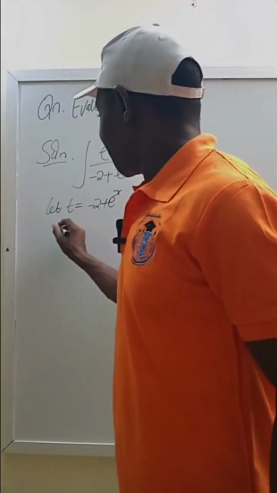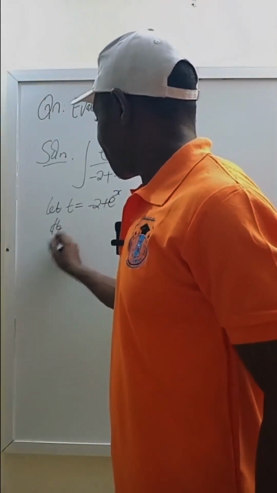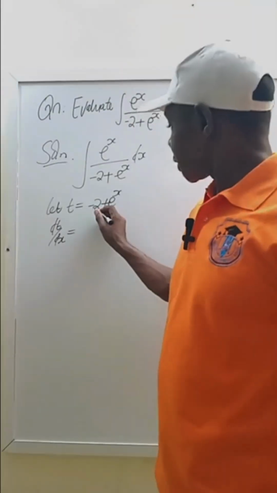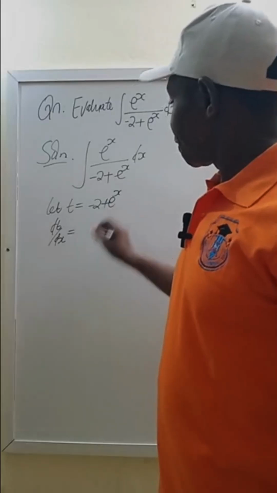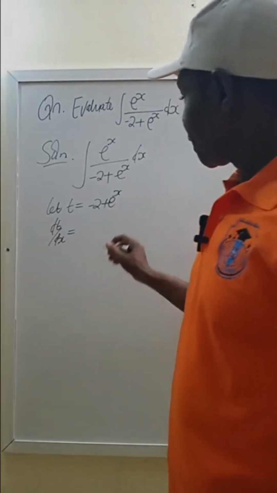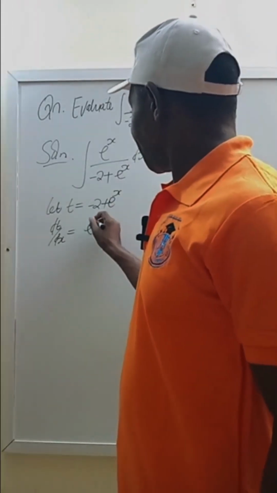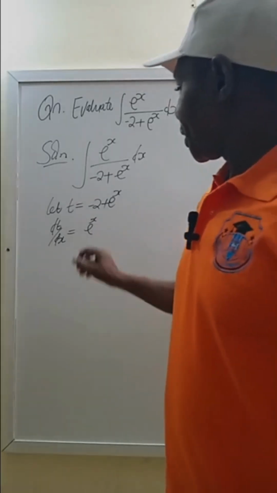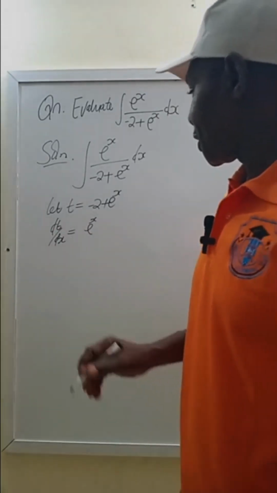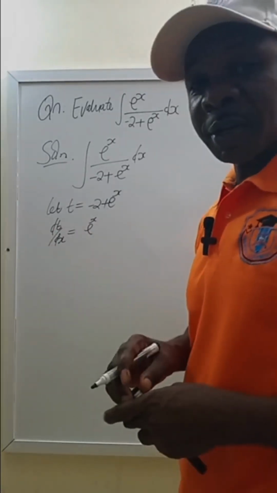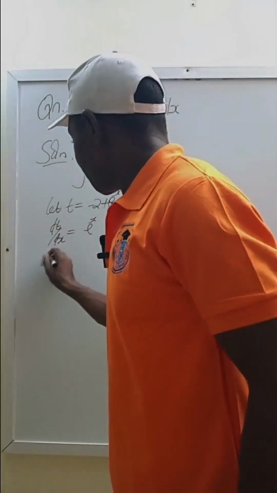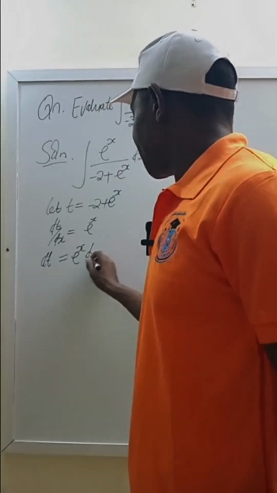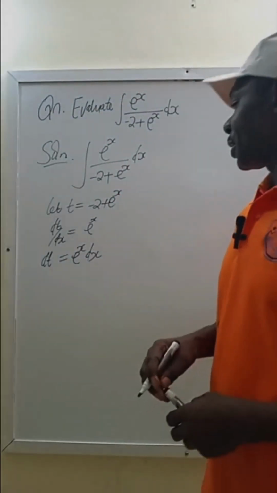Then from here, let's differentiate. dt over dx: differentiating the constant term, you get 0. Differentiating e power x, you get e power x. Then let's make dt the subject by multiplying both sides by dx. So we shall have dt equal to e raised to power x dx.